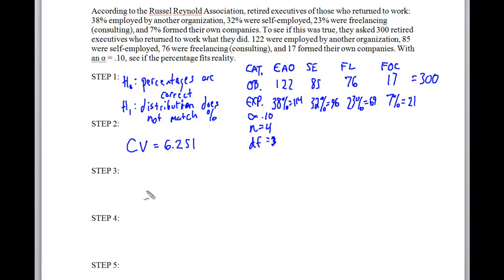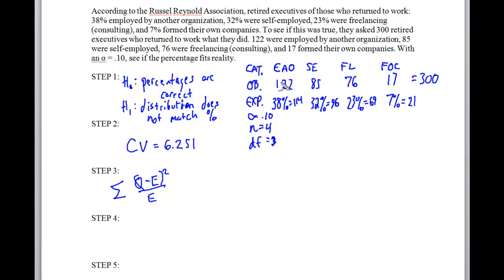Now we're going to do our step 3, which is the sum of the observed minus the expected quantity squared divided by the expected value. So we take each of these 4 categories, and luckily we have more than 5 in each category, so this is going to be okay.